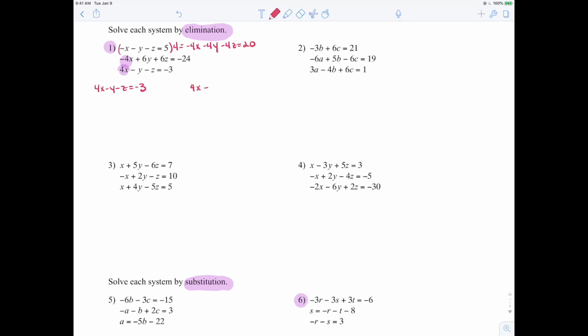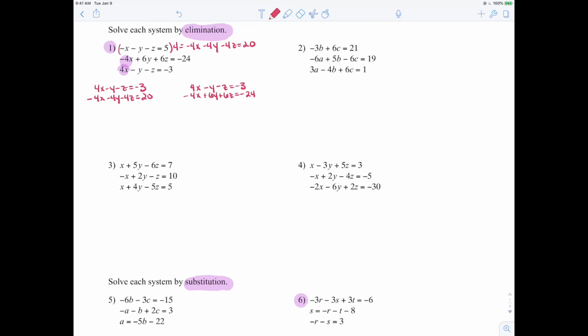So let's write it again. Equals negative 3. I wrote the third equation twice. I'm going to take that first one that we found, and a lot of solving these is just finding patterns, right? And then I'm going to add the second one, 6y plus 6z equals negative 24.